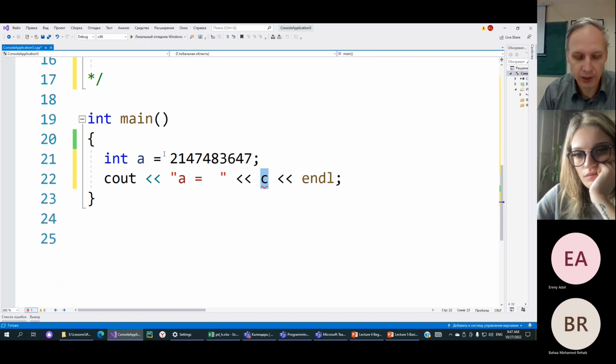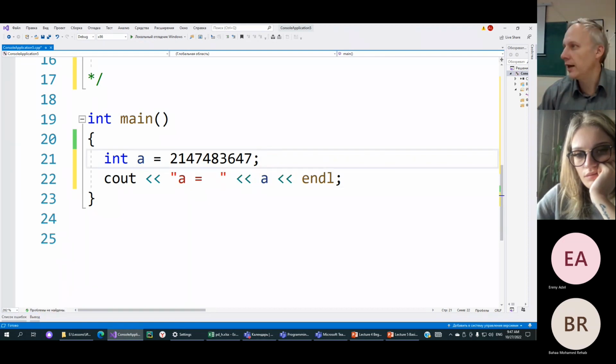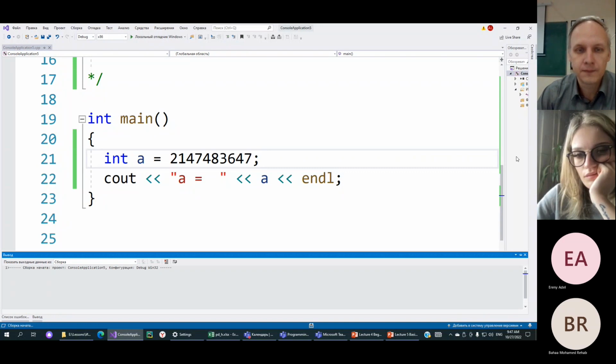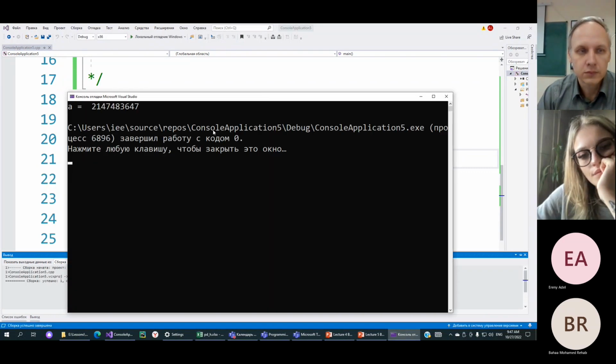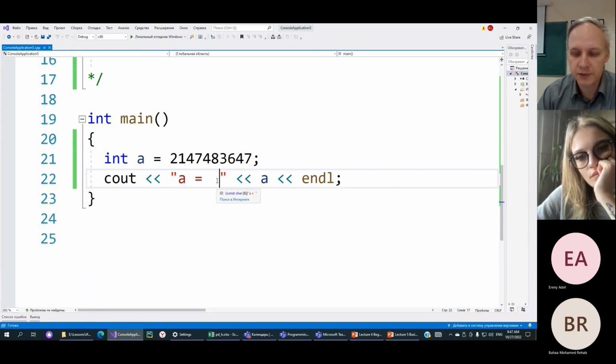Extremely simple program. I just assign the value to the variable A and output this value to the screen. Yeah, we see this value on the screen.